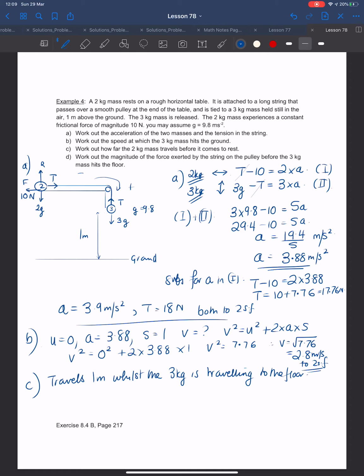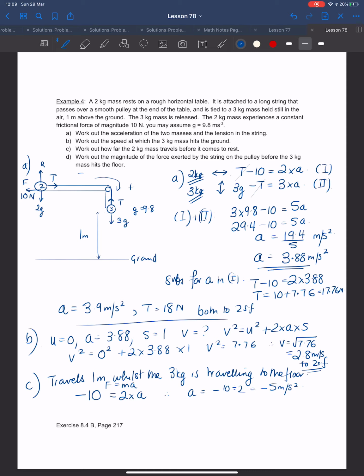So after the first metre, F equals ma, we've got minus 10 is 2 times the acceleration. So acceleration is minus 10 divided by 2, minus 5 metres per second squared.